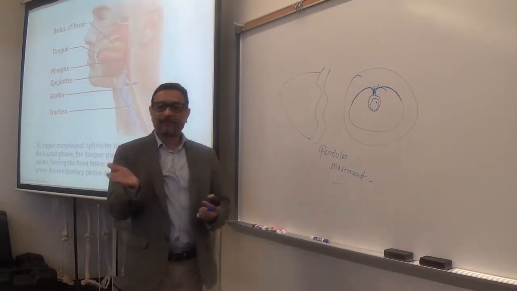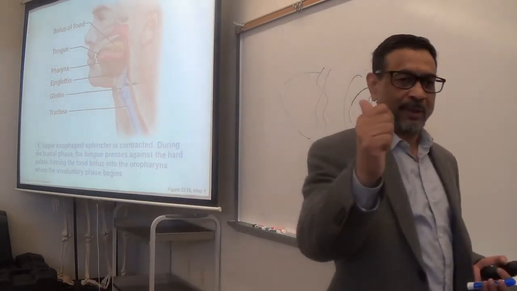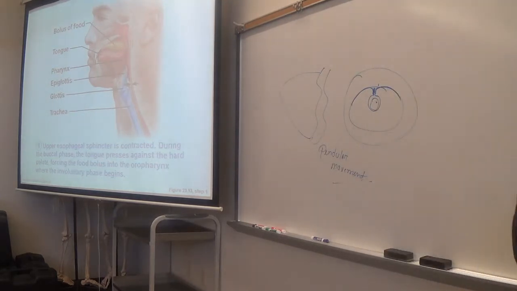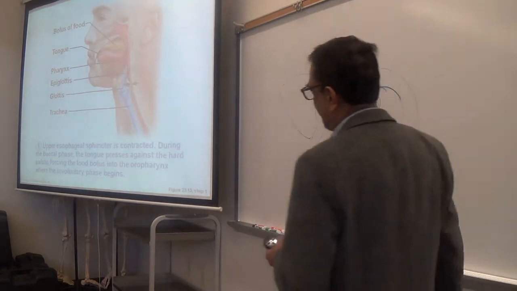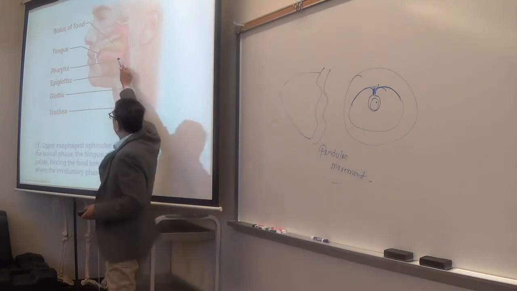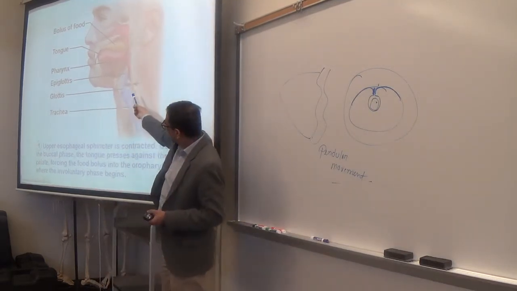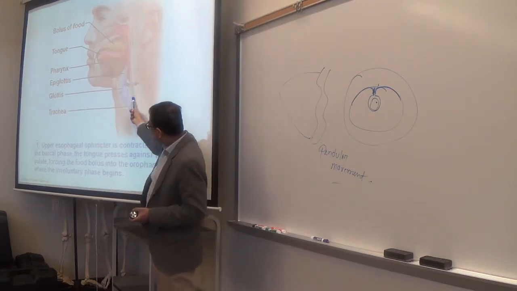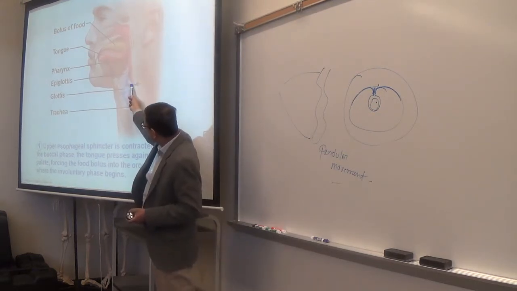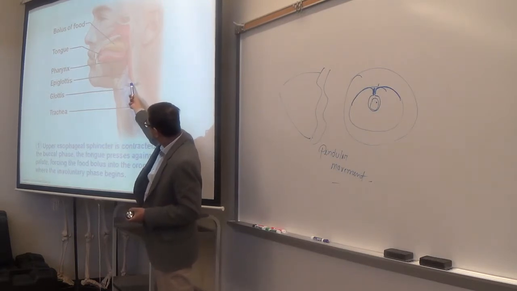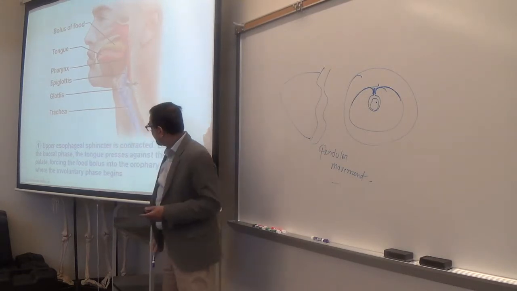So we push that, and that will move the food bolus backwards towards the pharynx. Okay? Now when we do that, in the upper part of the esophagus, this is the upper esophageal sphincter, it remains closed. Okay? So this is closed.